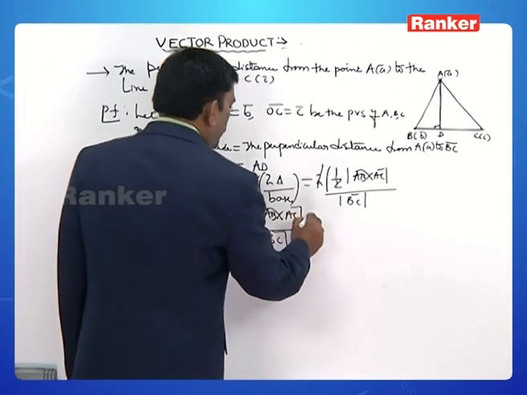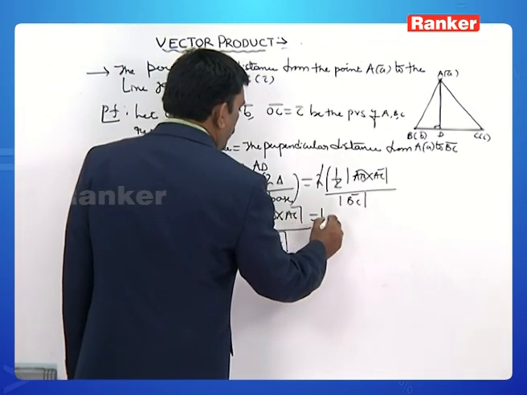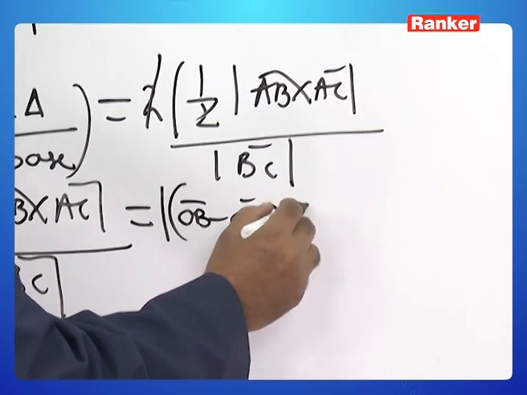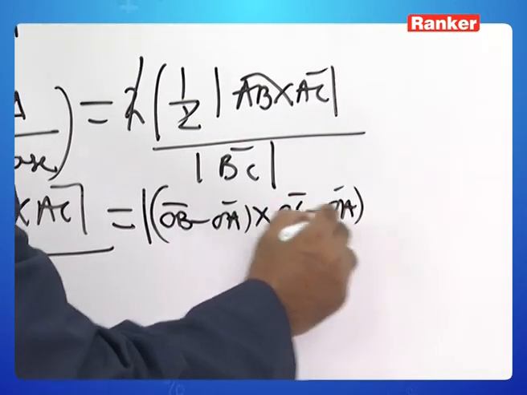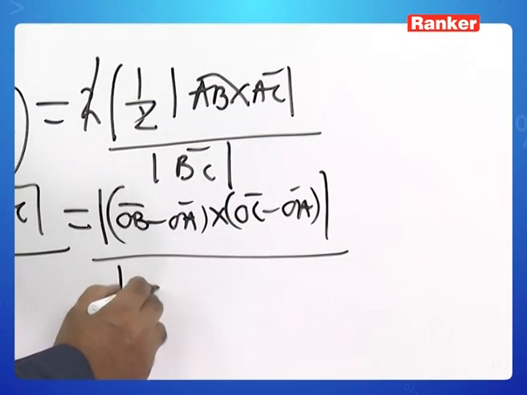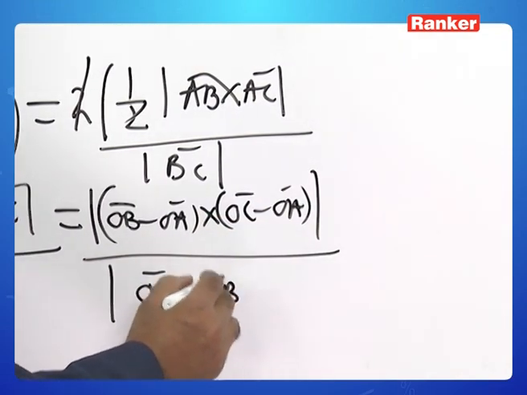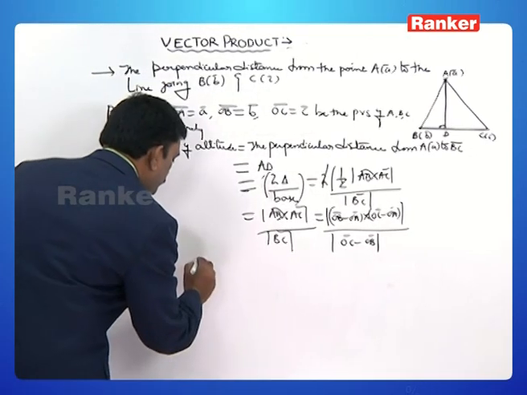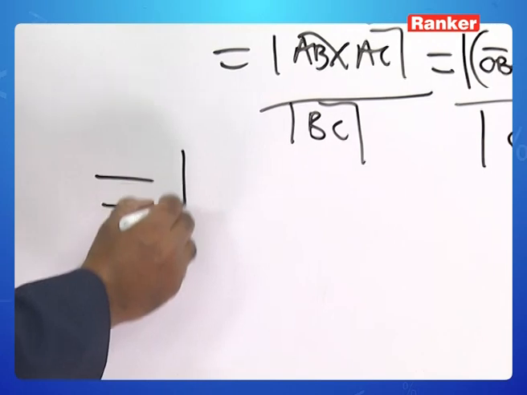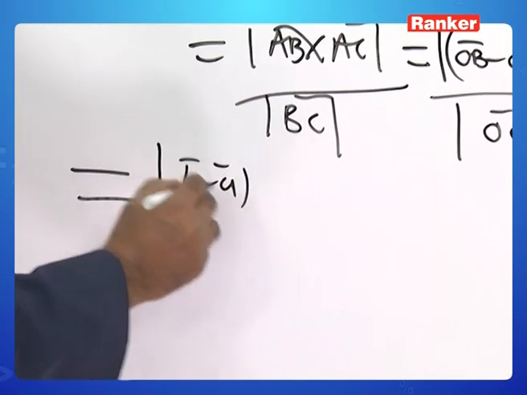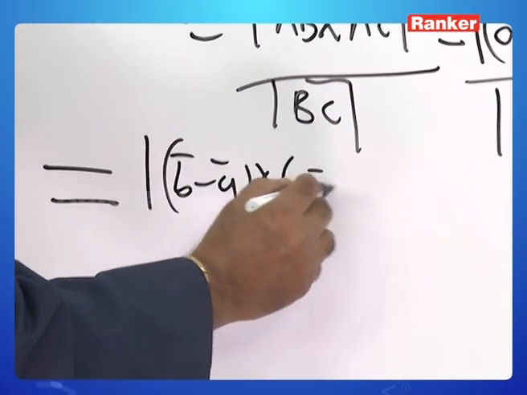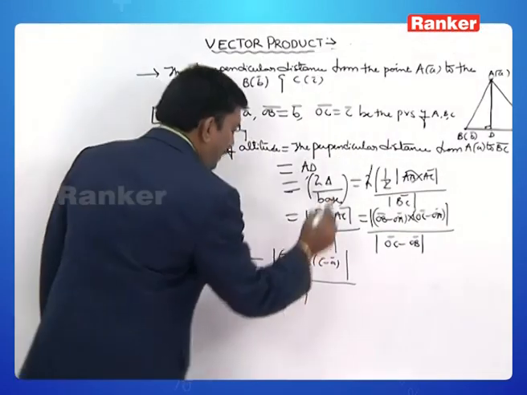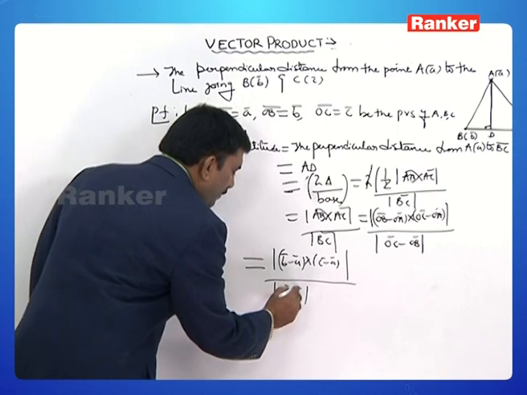Now, what is AB bar cross AC bar? It's OB minus OA cross OC minus OA, whole divided by OC minus OB. Now this is nothing but B bar minus A bar cross C bar minus A bar by C bar minus B bar.